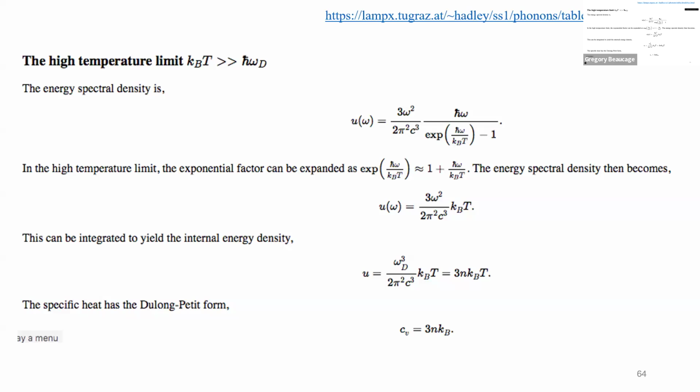But anyway, what's this stuff? This is just showing the high temperature limit. I already went through that for the Einstein model, but there's something else here. At some point in this paper, he uses this equation for the energy, which would be the sinh function. It just comes out of the blue.